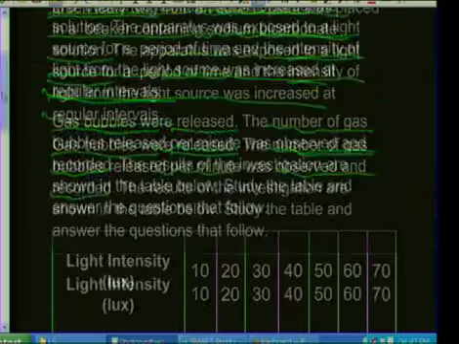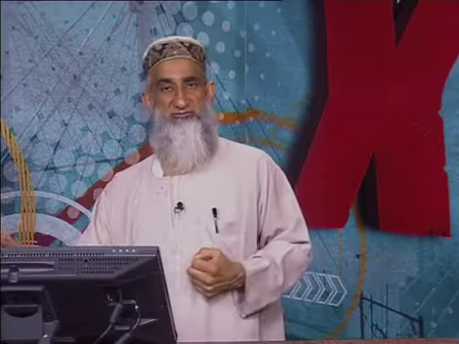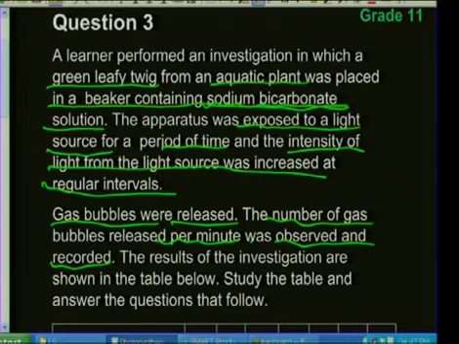So what did these guys do? They took a green leafy twig from an aquatic plant. They put this in a beaker containing sodium bicarbonate solution. This sodium bicarbonate solution is there to release CO2, to give more carbon dioxide.